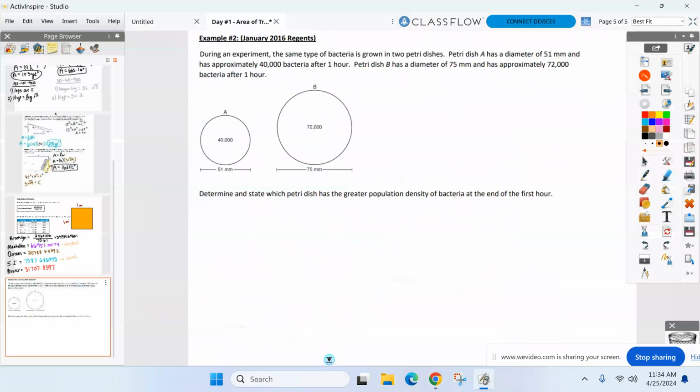All right, let's go back to population density and our Regents level question. We got Petri dish. One Petri dish has a bacteria of 40,000. Another Petri dish has a bacteria of 72,000. Which one has the highest population density? Do we have predictions before we calculate it?